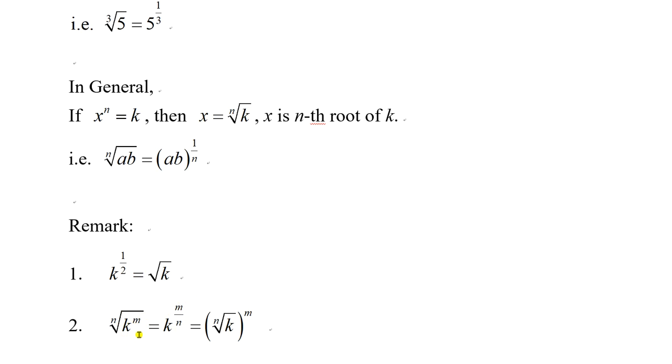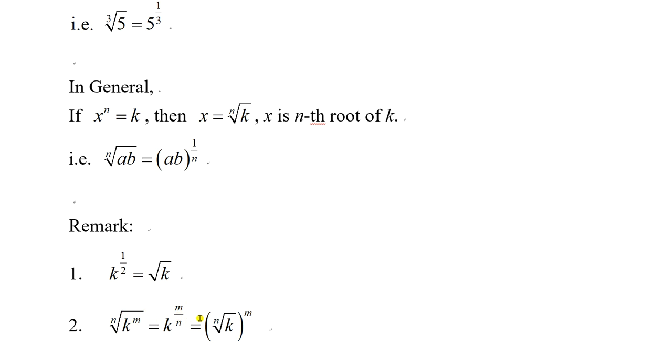So k to the power m and then take the nth root equals k to the power m over n. Of course, you can take out the power m and then take the nth root first. To simply say, if you want to take the nth root, then the power will be 1 over n.